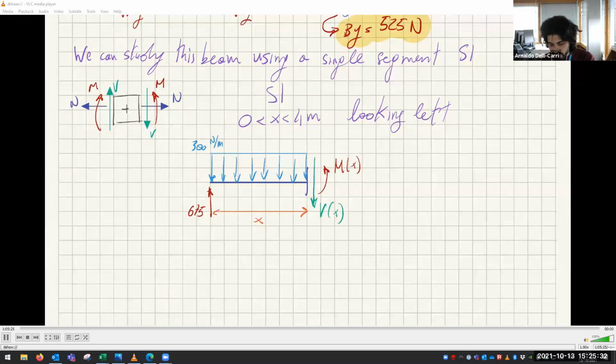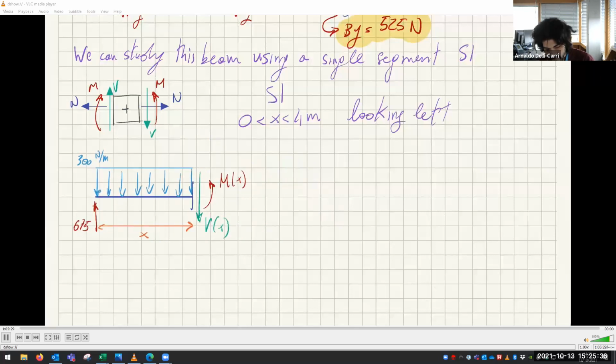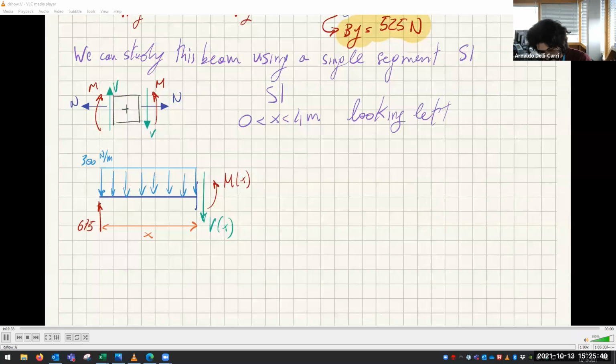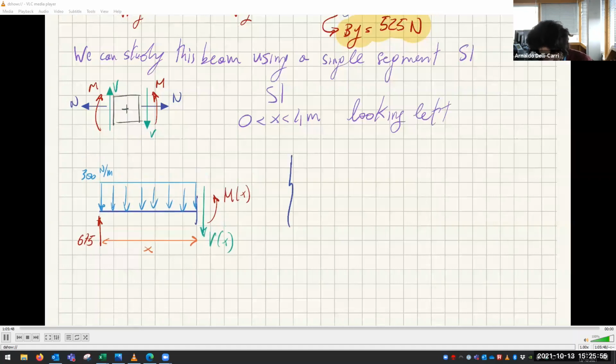Okay, so let's do equilibrium equations. Let me put this here so I can put the equilibrium equations over here. I also have here, of course, an equivalent force, a larger equivalent force. The equivalent force is in the middle of this.